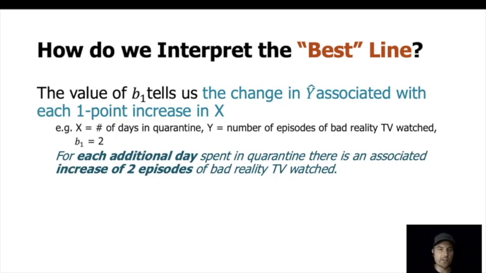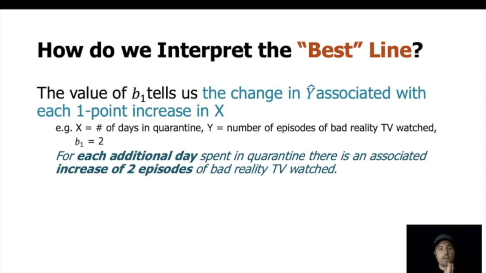So I have an example here, just a quick one, where x is the number of days in quarantine, y is the number of episodes of bad reality TV watched, and our slope is 2. The interpretation for that is right below. It says, for each additional day spent in quarantine, that's for a 1 point increase in x, so it's a day, there's an associated increase of 2 episodes of bad reality TV watched.